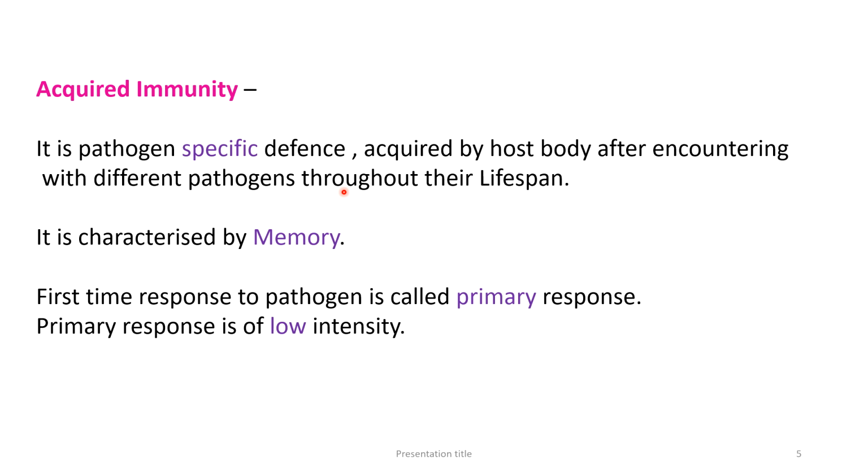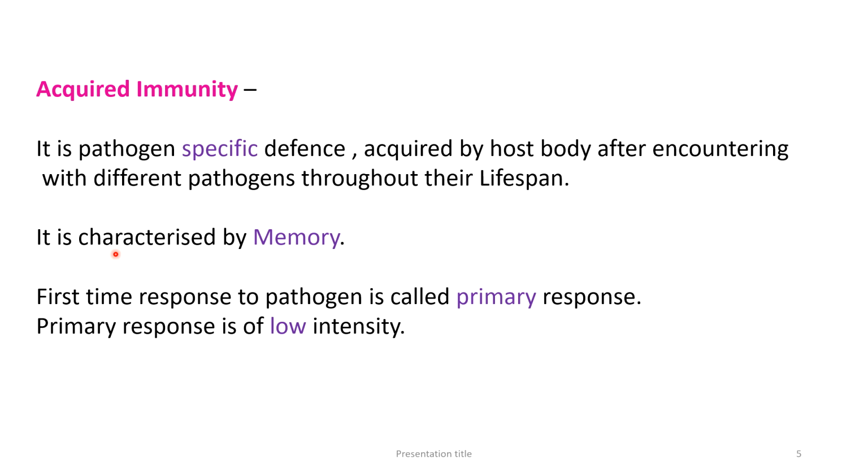It is not present at the time of birth, but it is earned or acquired by the host. Another specialty of this is that it is a pathogen specific defense. That means it can identify different pathogens and can produce pathogen specific proteins to kill them.